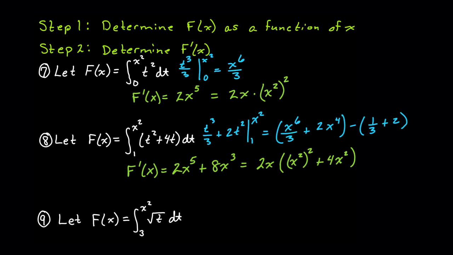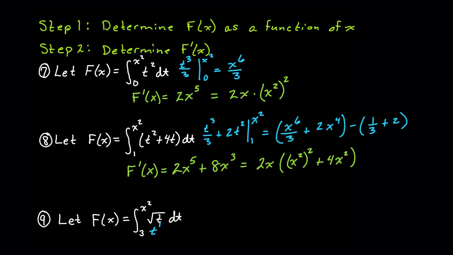And you can see how this relates back to our problem originally. If you take the x squared, put it in place of t right here, that would give you our 4x squared. Put x squared in place of t right here, that will give you x squared squared. And then we have this 2x, just like we had on the first one, and that 2x is our derivative of this right here. All right, so let's try one more here.